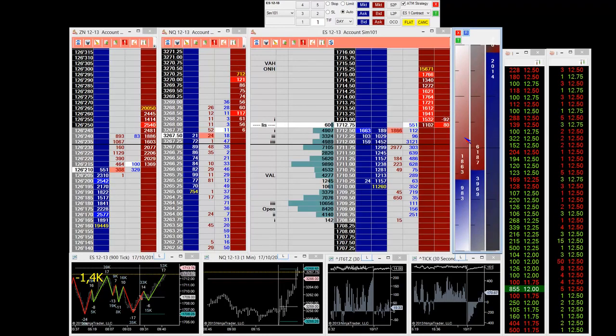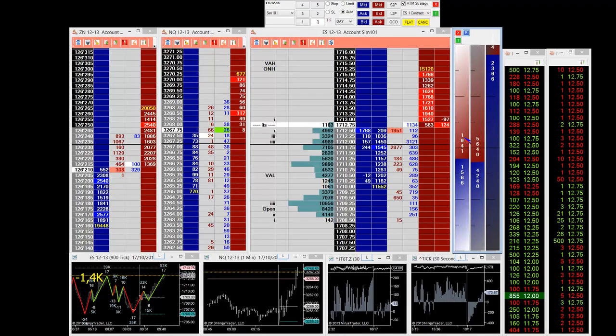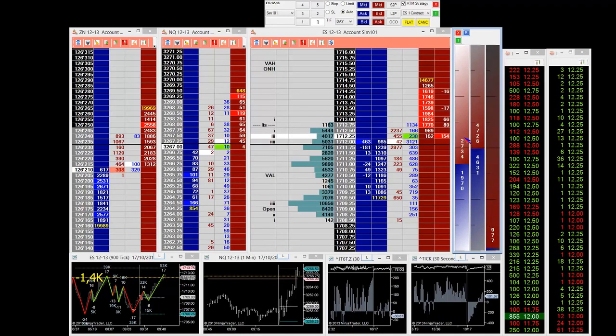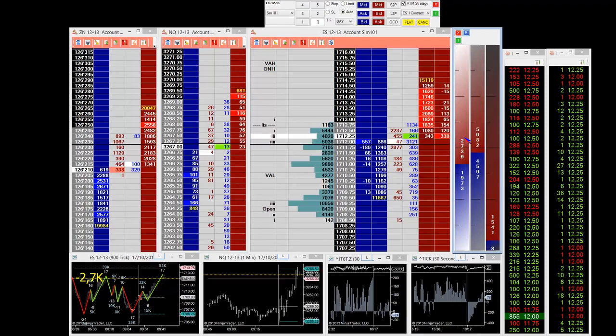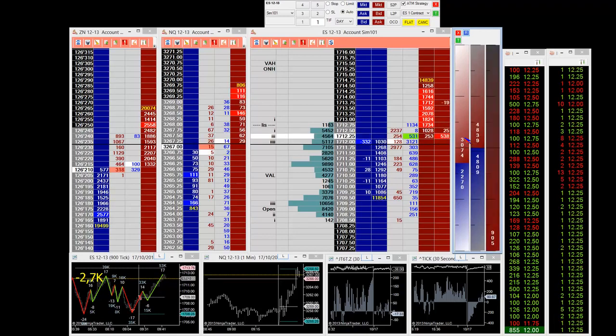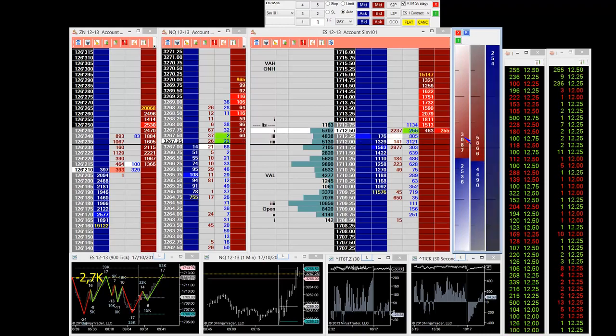One of the advantages of this, it's a very good thing that it shows you the totals. And in a decent move up, you would expect buy market orders to be between 1.5 to 2 times the sell market orders, and vice versa. If it's moving down, sell market orders should be 1.5 times to 2 times the buy market orders.